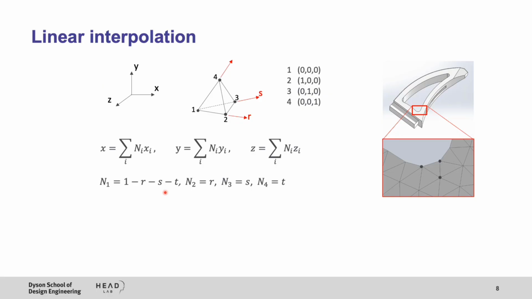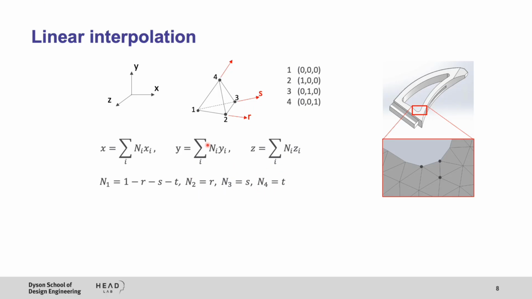For instance, for node number 2 here, we know that R is 1 and S and T are 0. So just look at this. You will see that if R is 1 and these two are 0, N1 is 0, N2 is 1, N3 is 0, N4 is 0 as well.